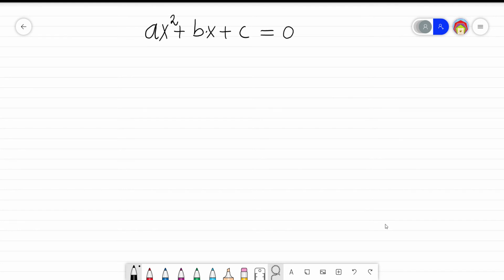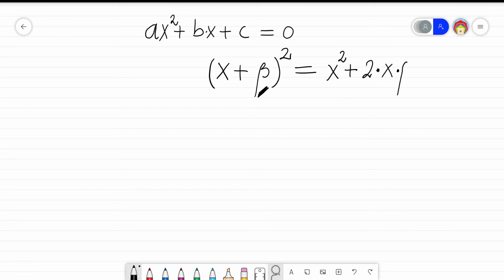In this case, I'm going to use x plus something. Let's call that something, for example, beta. Just make it different than the things we got here. That would be x to the power of 2 plus 2 times x times beta, plus that beta square.